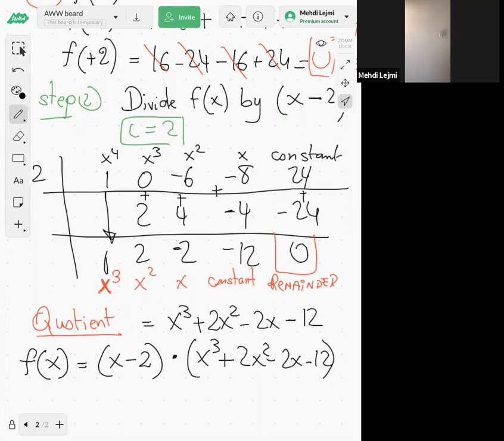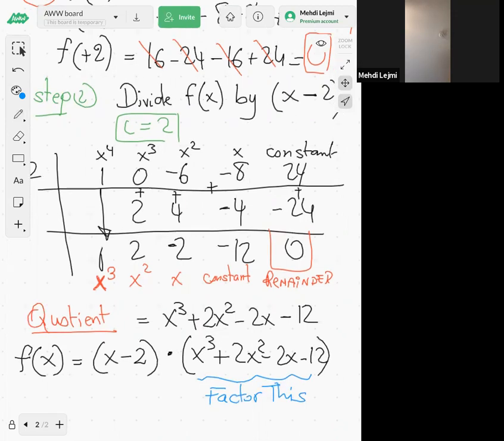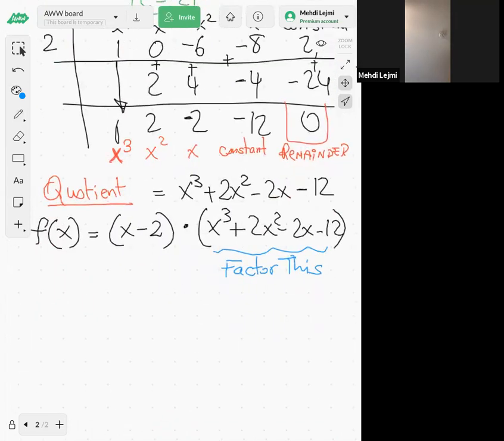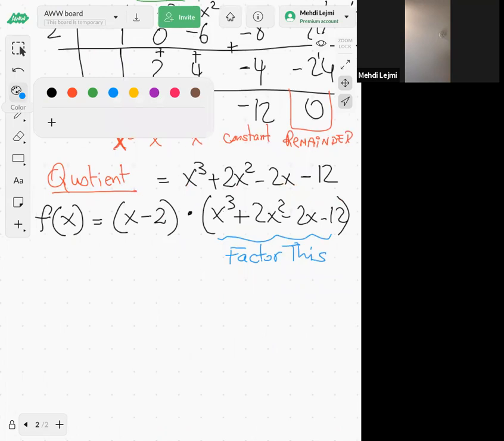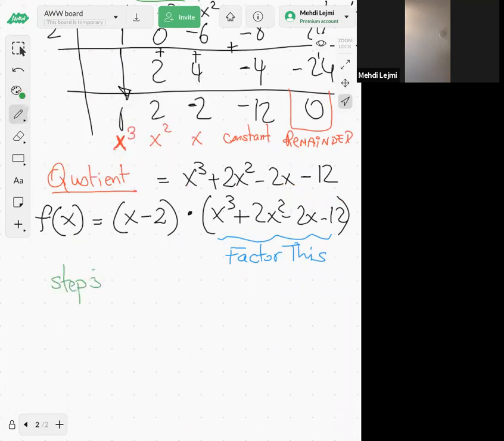So now I have to factor this x cubed expression. So that will be the next step, step 3: we have to factor x cubed plus 2x squared minus 2x minus 12.